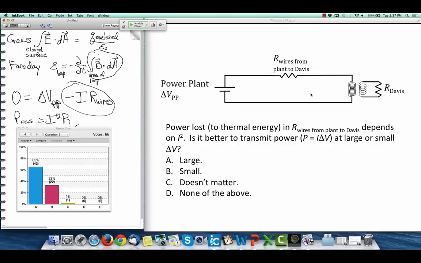Then the main lines through Davis are up at something like 1,000 volts, again as high as you can stand to keep the currents down, to keep the losses down.